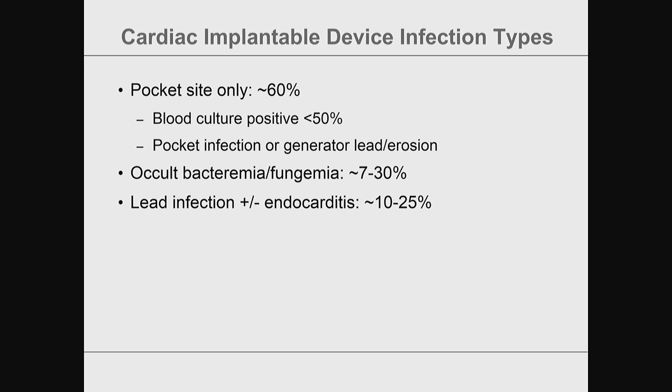Anywhere from 7 to 30% have occult bacteremia or fungemia, and these are patients that have a cardiac implantable device in place and then have occult bacteremia or fungemia. About 10 to 25% will have a lead infection, either with or without endocarditis.